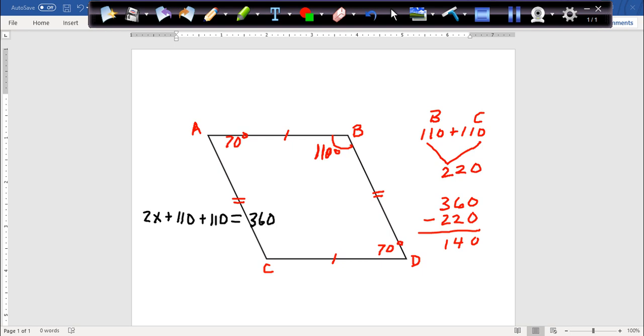Well, we've done enough of these, right? So we can combine the 110s, right? So then that gives us over here what? 2x plus 220 on this side of the equation. Equals, and just bring the 360 down.